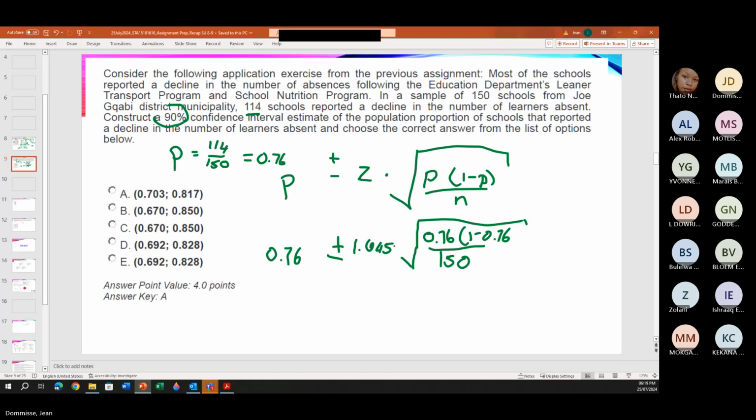Okay, so 0.76 times 0.24 divided by 150, square root of that. Again, I hope my calculator is playing along. So 0.0349.